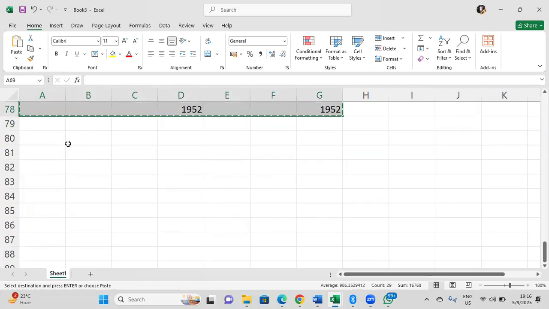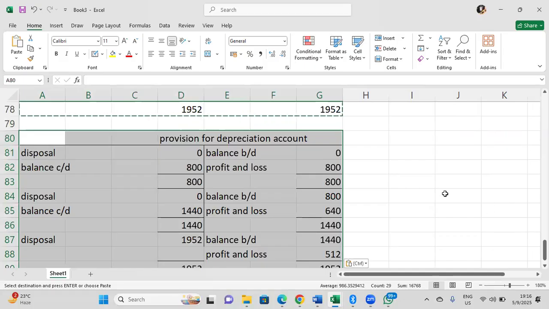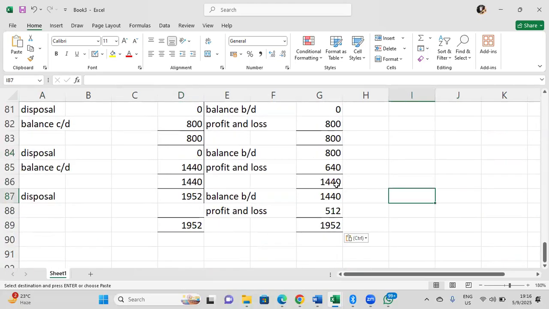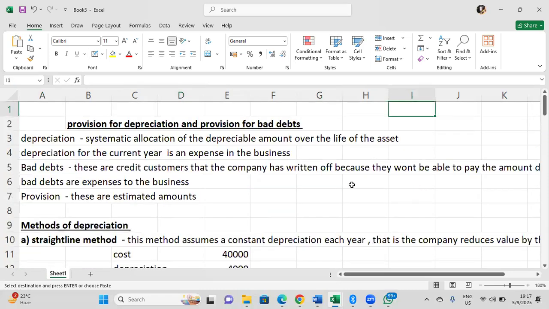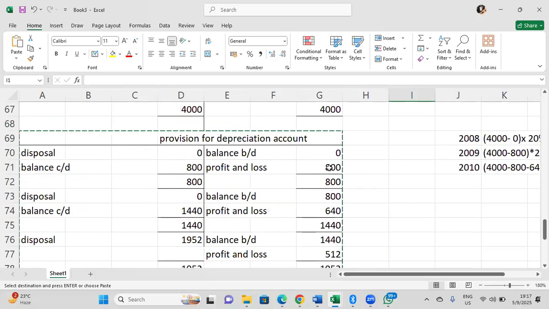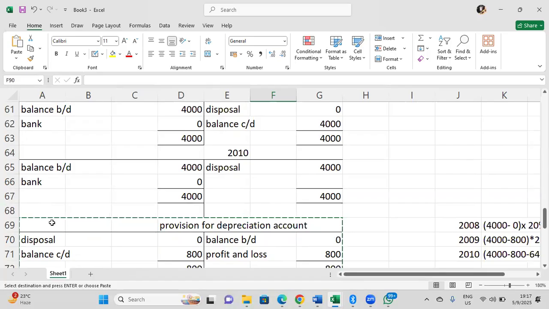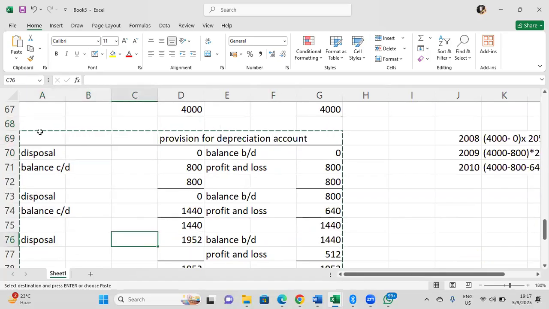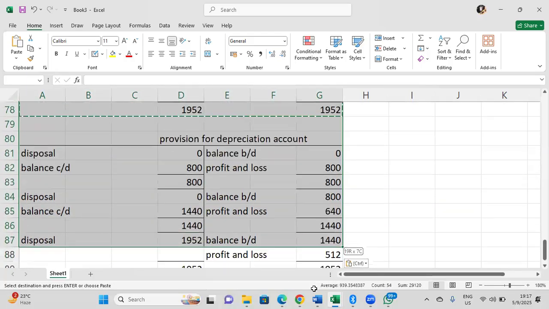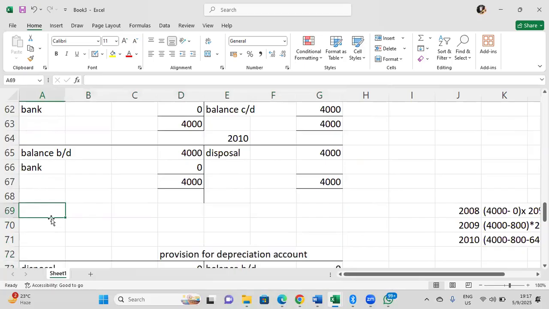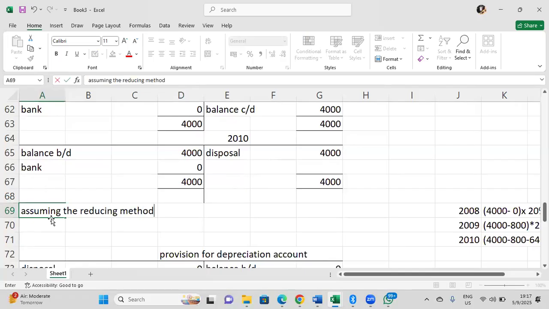So our data was with the reducing balance method, and now we want to do it again. So let's indicate somewhere that we were assuming the reducing balance method at 20%.